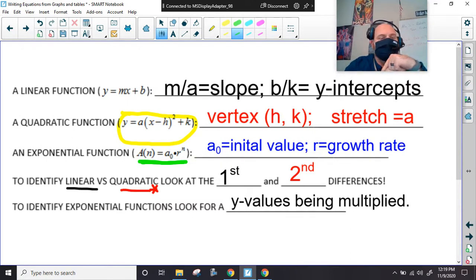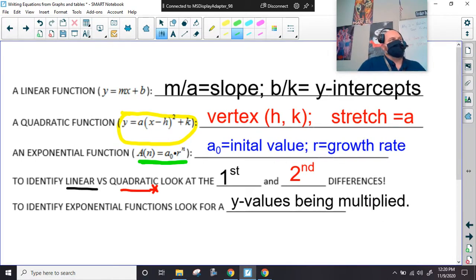And then identify exponentials. It's usually really easy to look for the y values being multiplied. Okay, so if you look for the y values being multiplied, that's usually what you're going to end up getting. Lots of information, vertex, HK, all that kind of stuff.